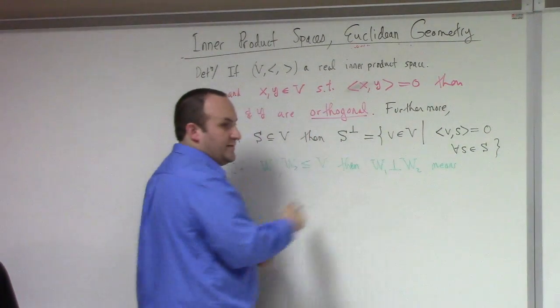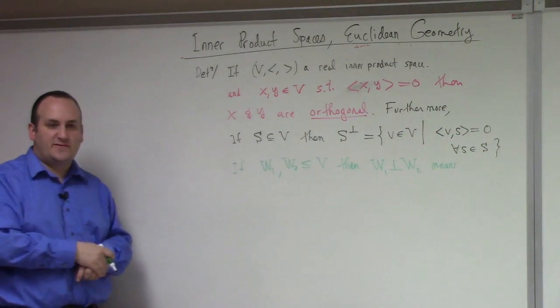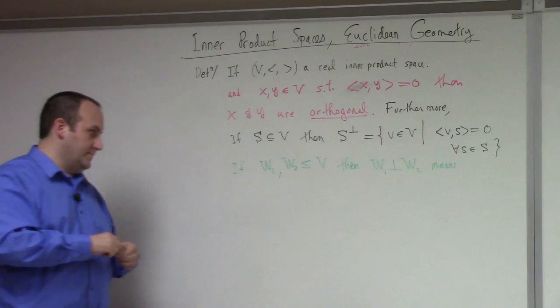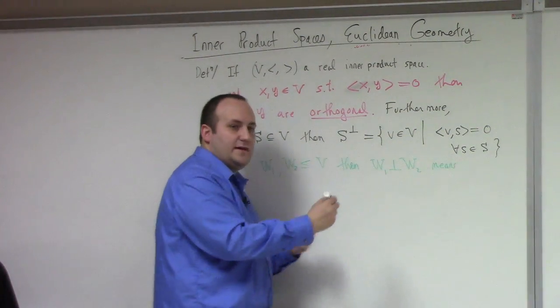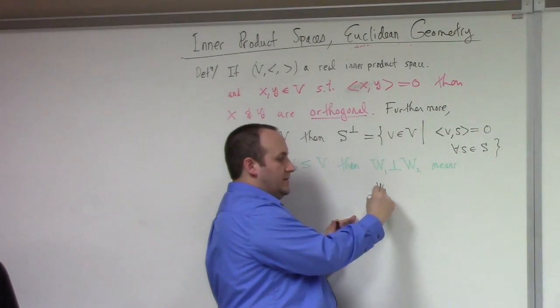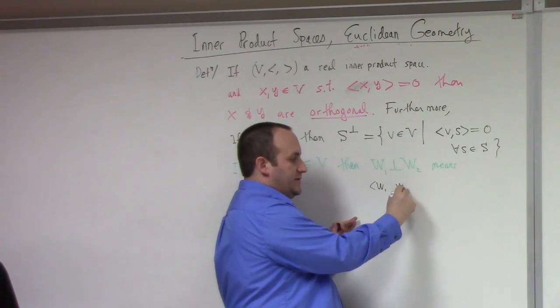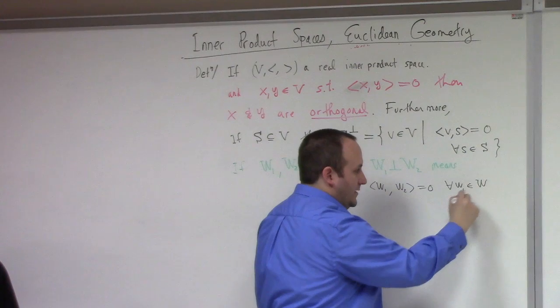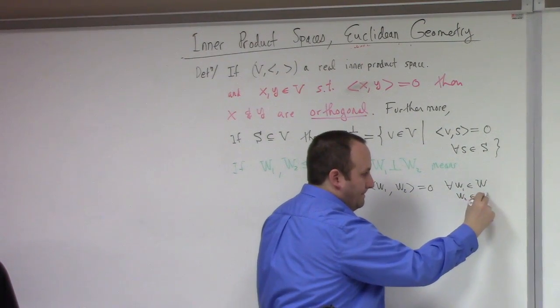What would we mean by perpendicularity of subspaces, or you could say orthogonality of subspaces? That means that the inner product of w1 with w2 is equal to 0 for all w1 in W1 and w2 in W2.